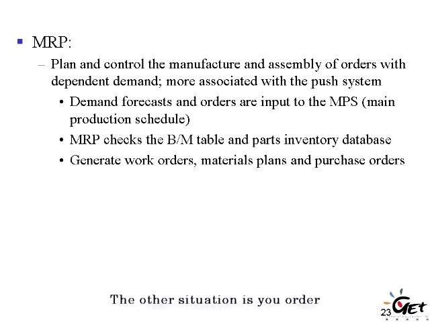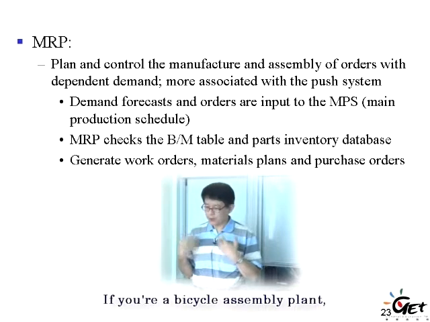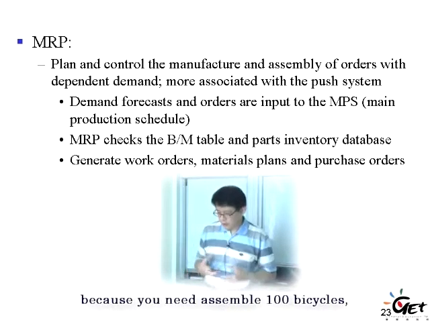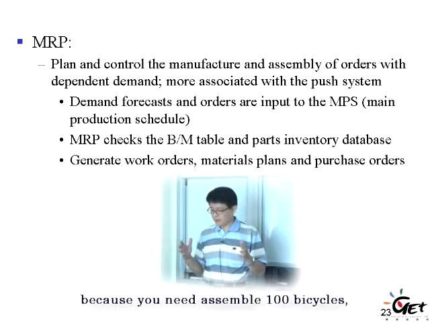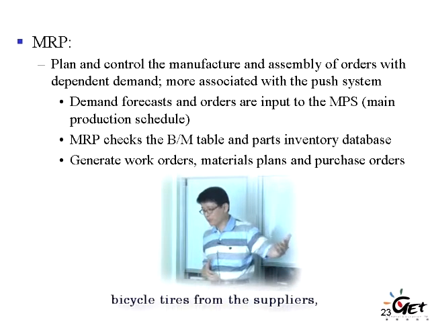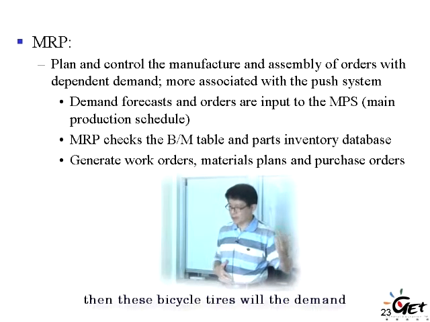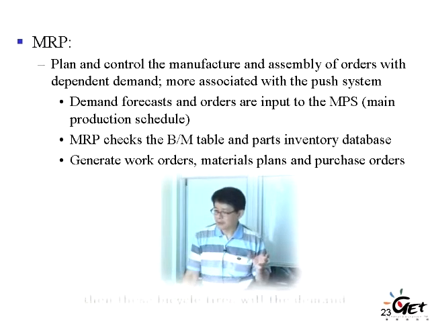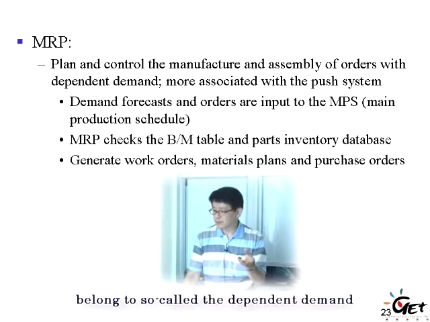Okay. The other situation is, say you order tires from the suppliers, bicycle tires. Then are the bicycle tires independent demand or dependent demand? Okay. Two possibilities. If you are a bicycle assembly plant, because you need to assemble 100 bicycles, so you purchase some bicycle tires from the suppliers, then the demand for these bicycle tires belongs to so-called dependent demand.